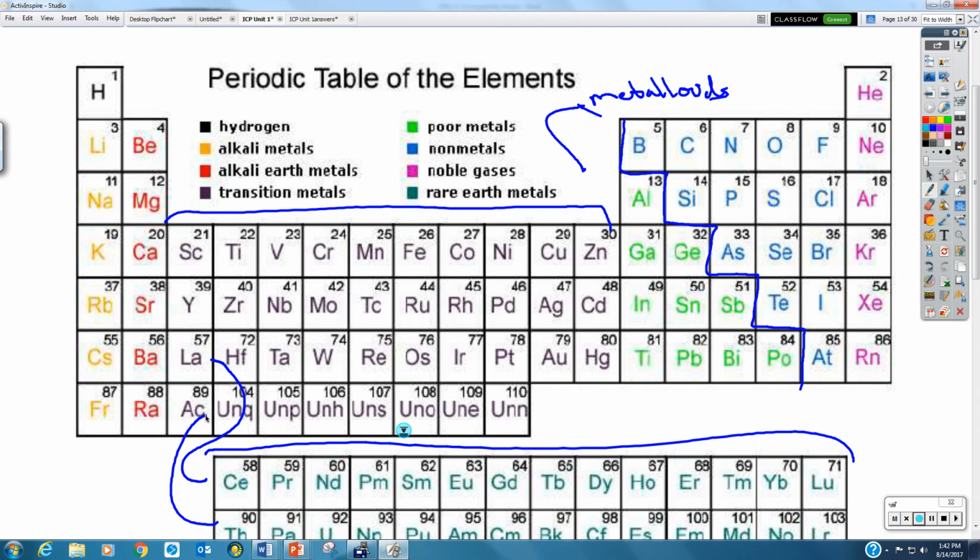All right. What I really want you to do with the periodic table for right now, be familiar with what you know. Know the names of the families, know the names of the regions, things like that. I'm not going to ask you to know every element on here. That's not something I ever want anybody to do. But as you use it more and more, there will be elements that you get more and more familiar with.